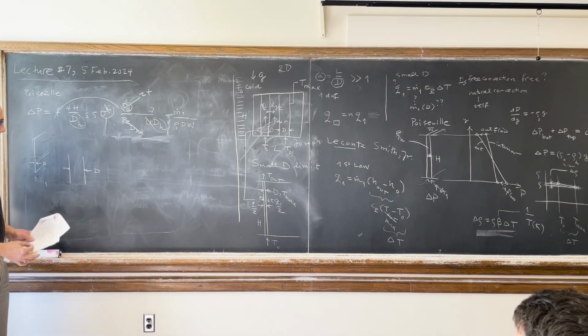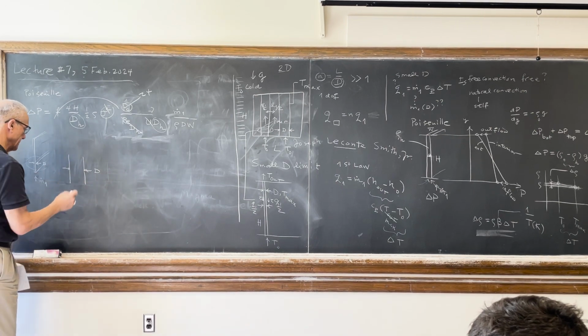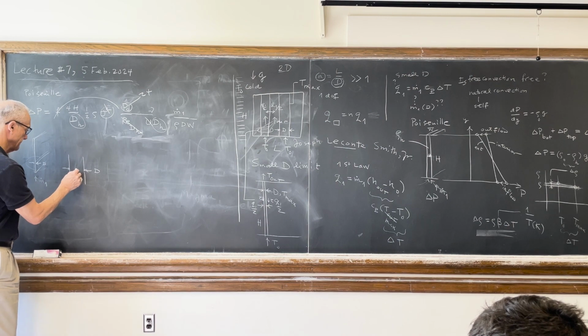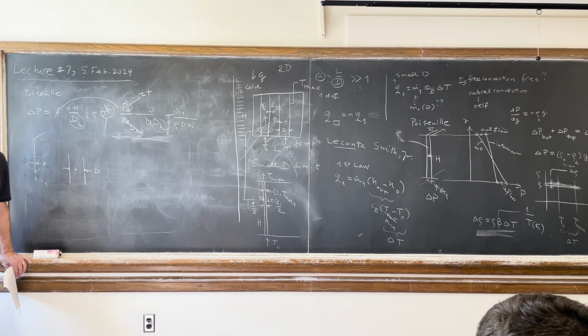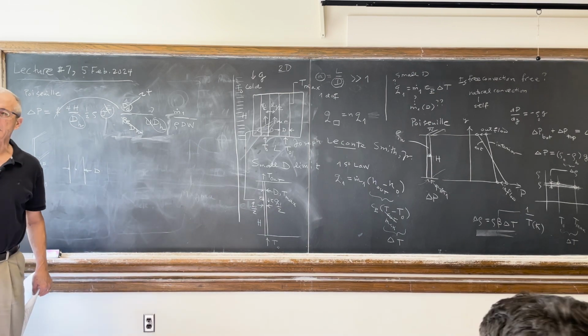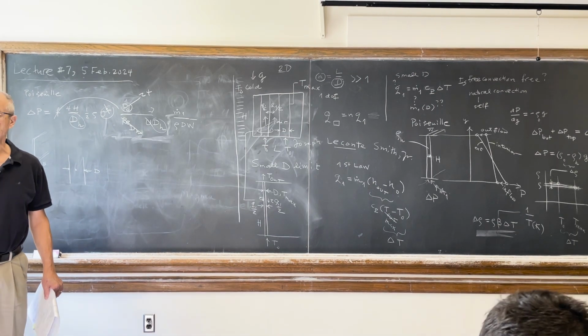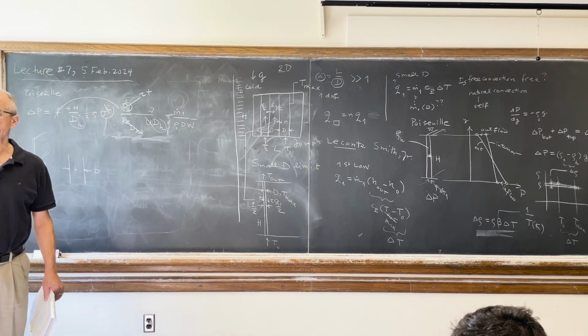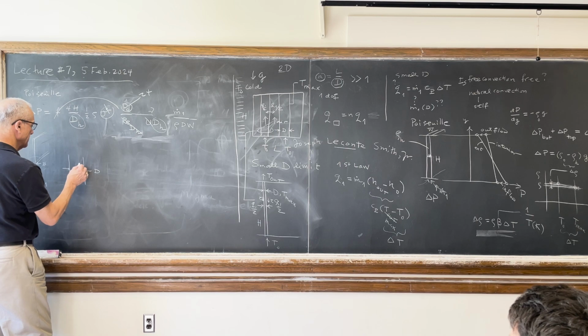Anyway, the flow goes into the blackboard. Okay, here's that flow. If the stream would feel friction against the walls as severely as through a duct of diameter d, then the hydraulic diameter would be this one.